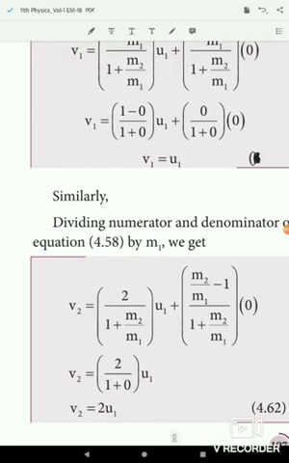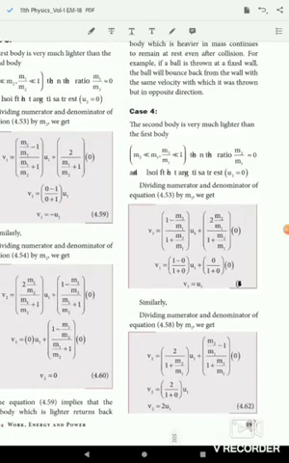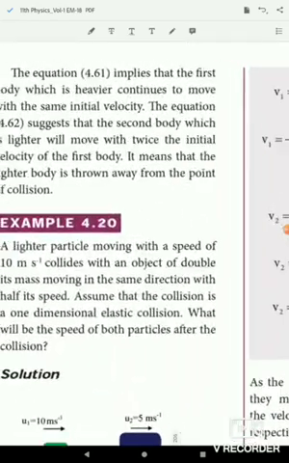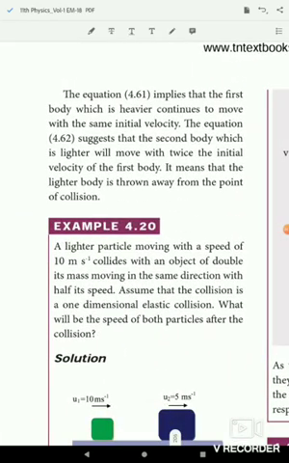Then for v2, multiply and divide by m1: v2 = 2/(1 + m2/m1) into u1 + (m2/m1 − 1)/(1 + m2/m1) into u2. So you get v2 = 2/(1 + 0) into u1, so v2 equal to 2u1. This equation implies that the first body, which is heavier, continues to move with the same initial velocity.